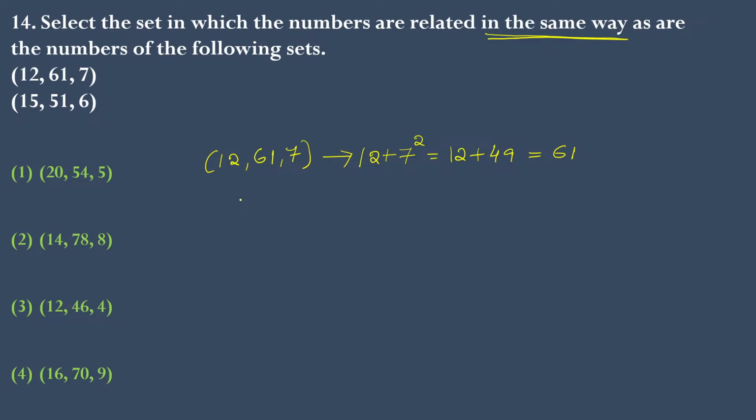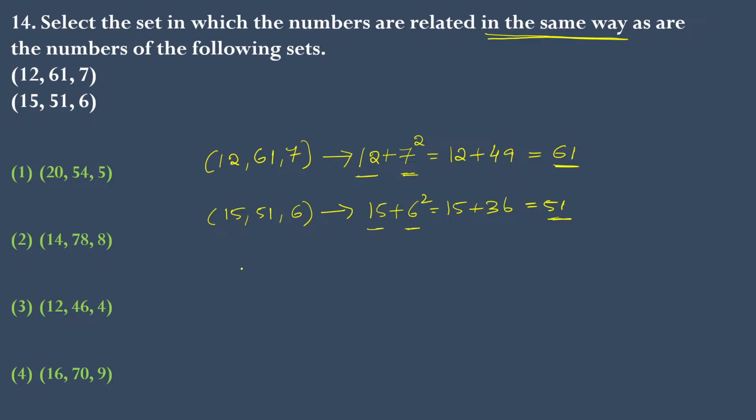In the similar way, check the second: 15, 51, 6. First number plus third number square, so 15 plus 36 we get 51. Yes, the logic is first number plus third number square we get the middle number.